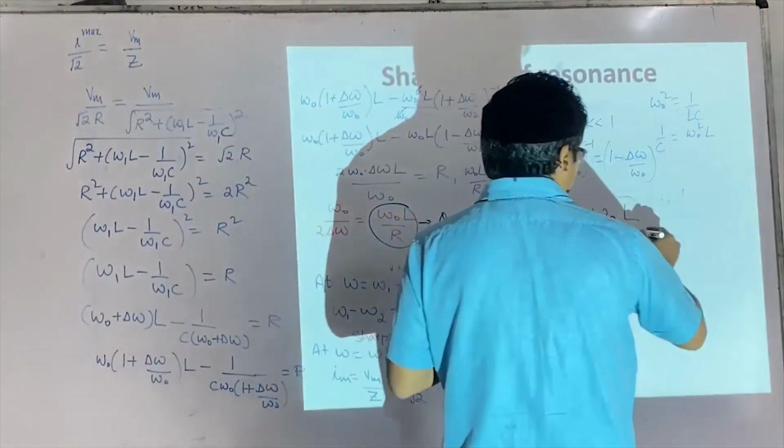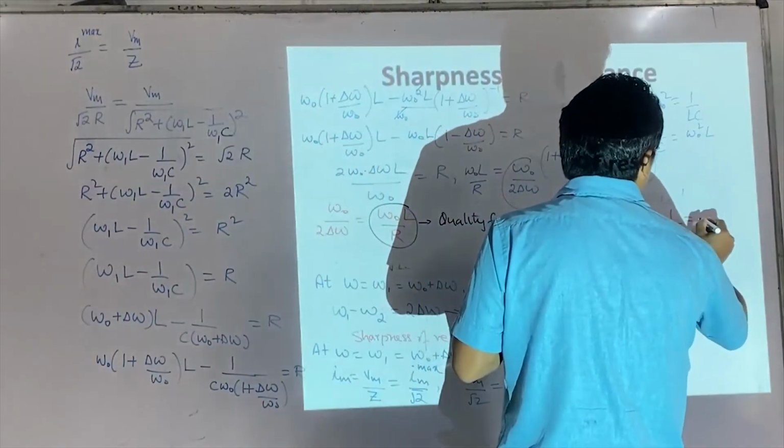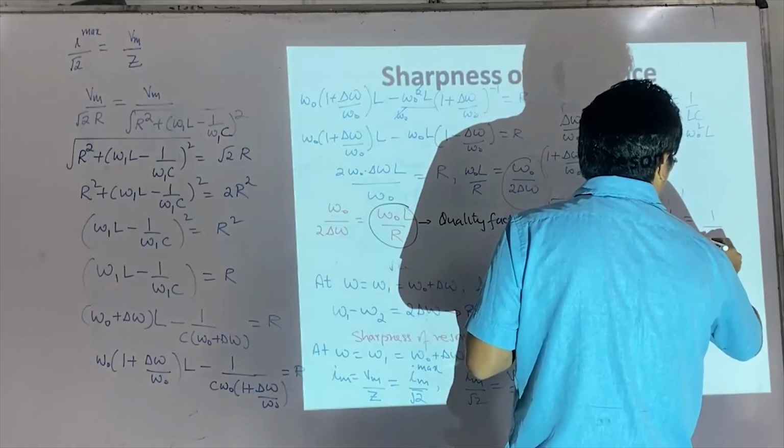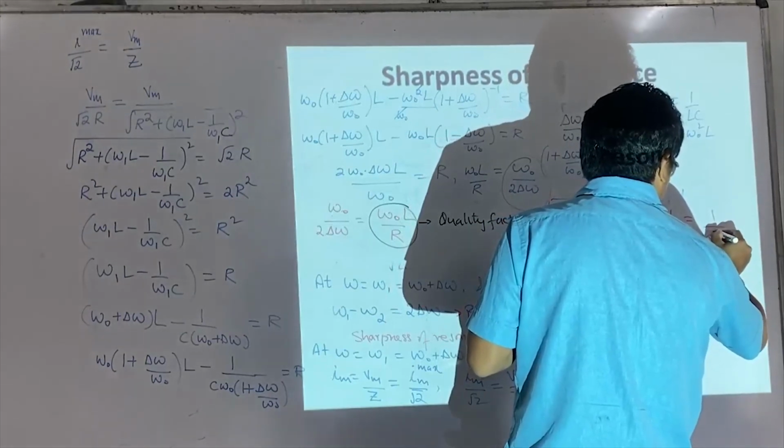So in terms of capacitance, I say L is going to be 1 by omega naught square C, right?